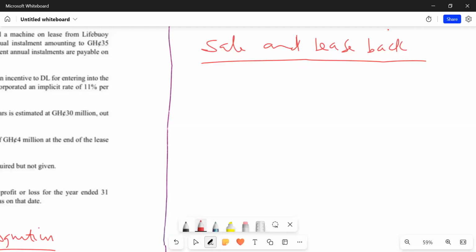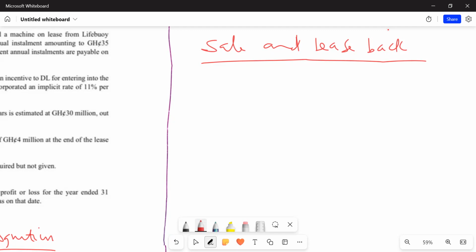This will be determined in accordance with IFRS 15, Revenue from Contracts with Customers. You can only recognize revenue when the risks, maintenance, ownership, and control associated with the asset have been transferred to the customer.